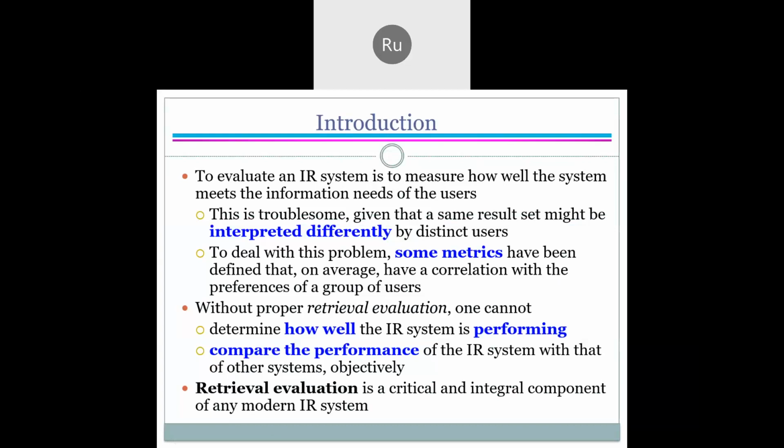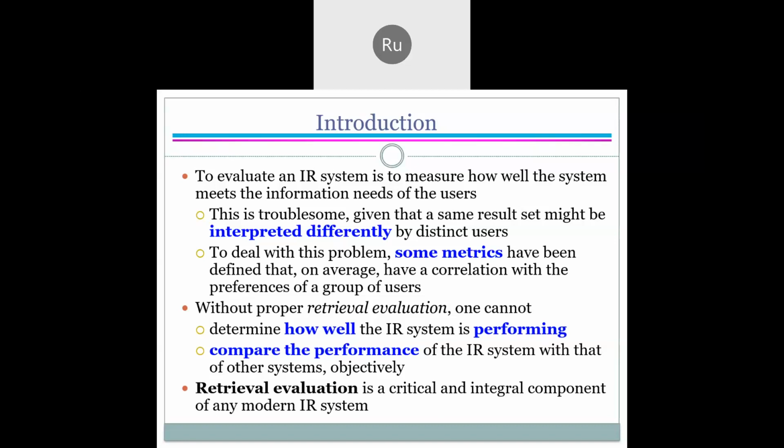So for that reason, we need some kind of metrics or measurement we can use to measure the quality of the system retrieval. Without proper retrieval evaluation, we cannot determine how well, or compare the performance of, the IR system.